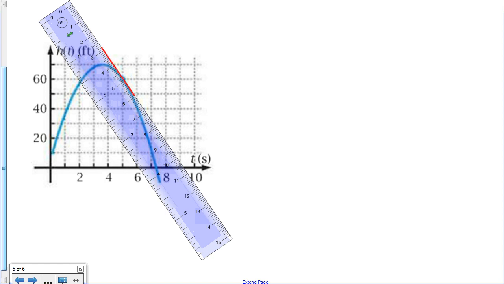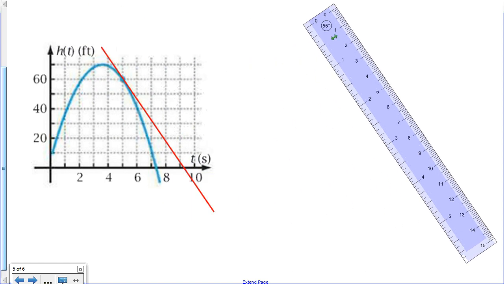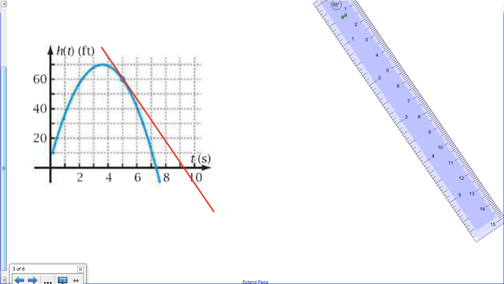It's the line that goes right down the edge of that ruler. Okay. And I don't need this ruler anymore, so I'm just going to move it out of the way. My goal here then is to come up with an approximation for the slope of that tangent line that I just sketched.